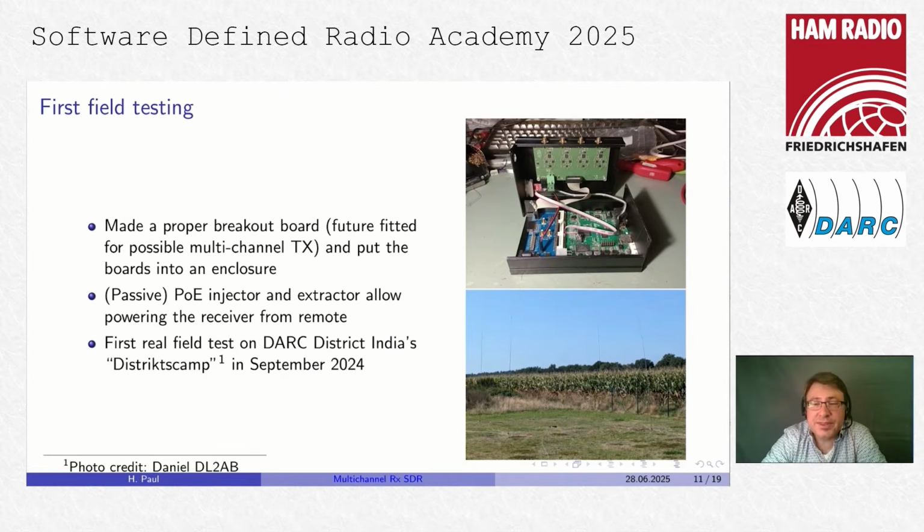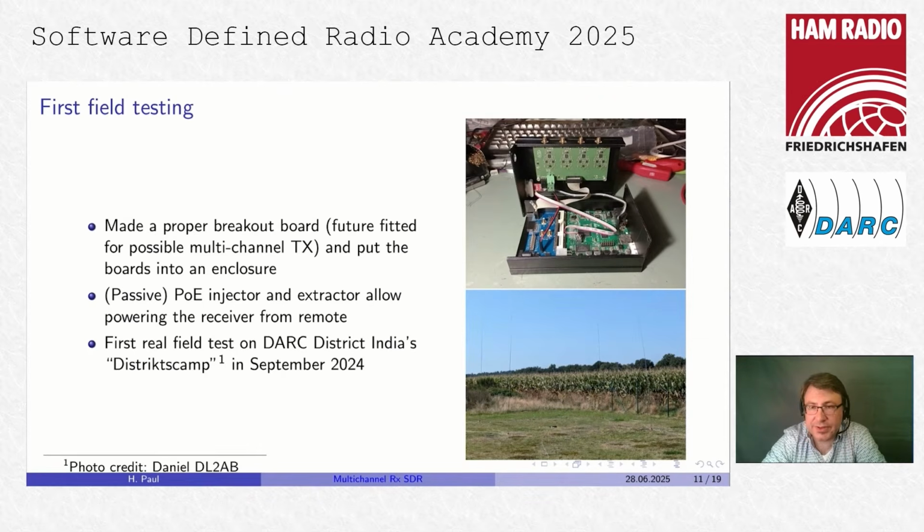What I also added to the system was a passive power over Ethernet injector and extractor in order to power this receiver remotely. For instance, with 20 meters of standard Ethernet cable, I can power the receiver over this cable. I don't have to use another power line or have a battery at the receiver.